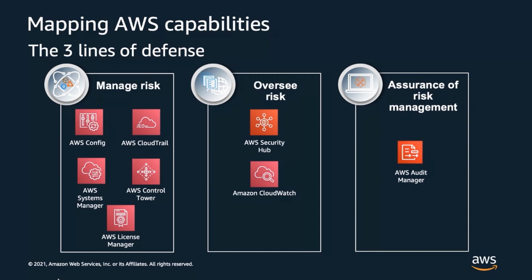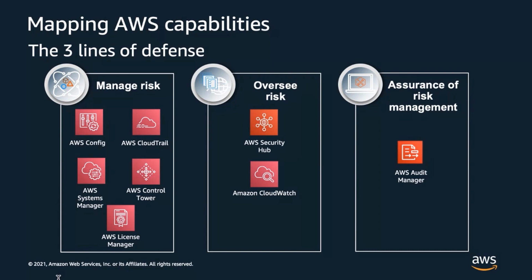This is called our first line of defense. The second line are the control functions that set the guardrails and controls and oversee that risk and compliance are being effectively managed. Finally, the third line are the functions that provide independent assurance as to the effectiveness of the risk management and compliance.